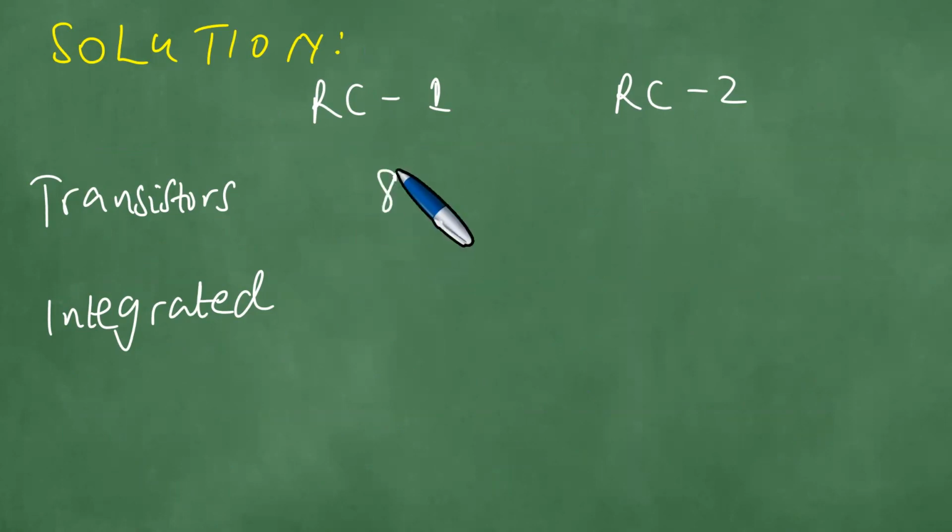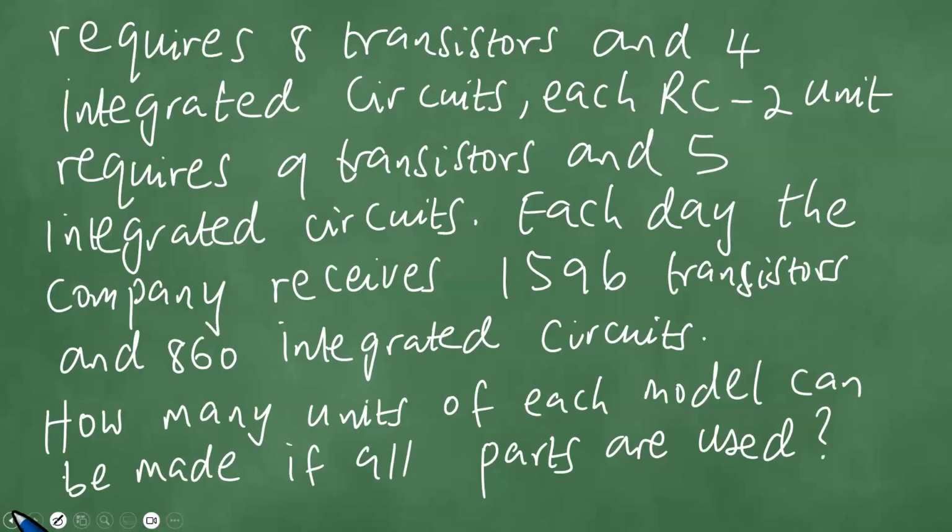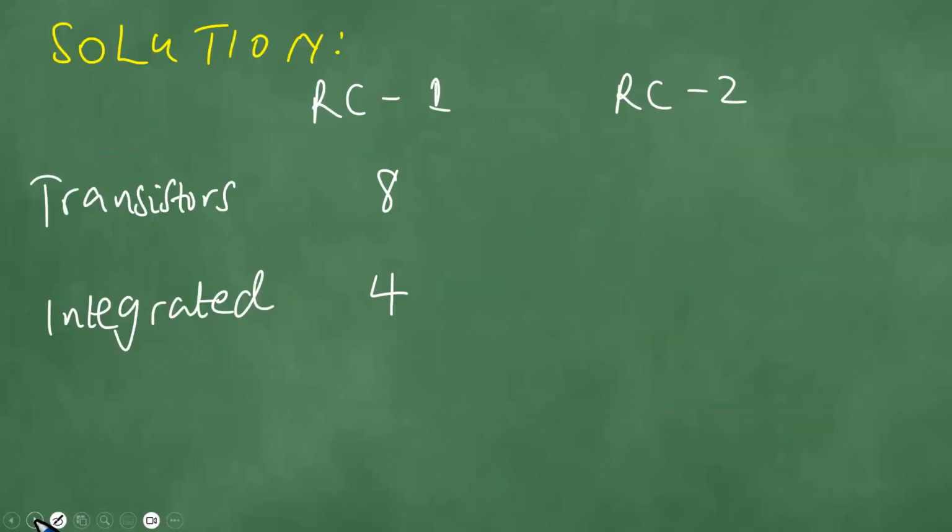And also here, each RC2 unit requires 9 transistors and 5 integrated circuits, so 9, 5. You have 9 here, you have 5 there.